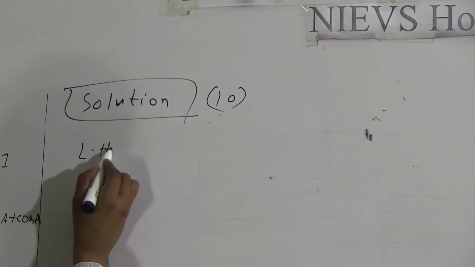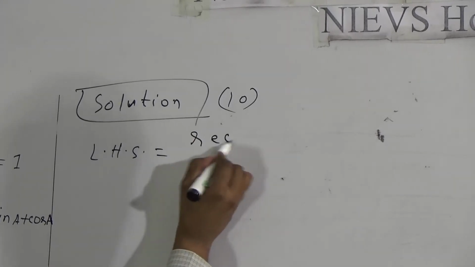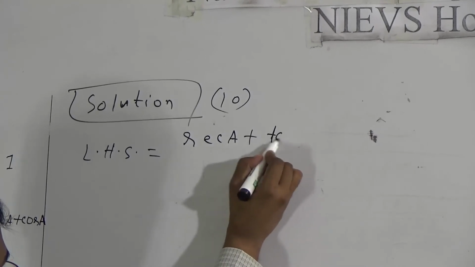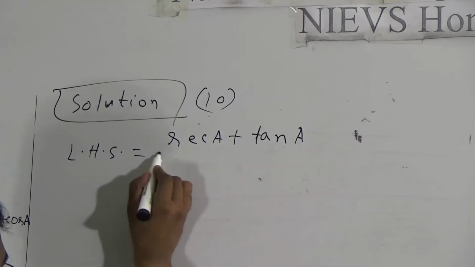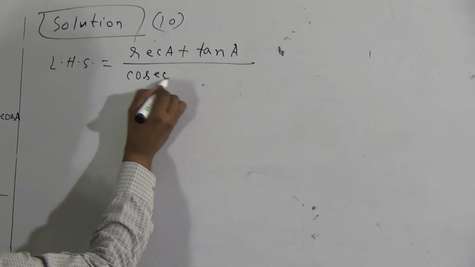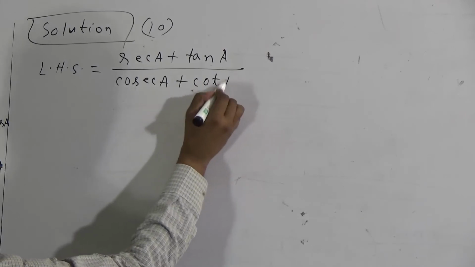Left hand side equal to sec a plus tan A divided by cosec A plus cot A.